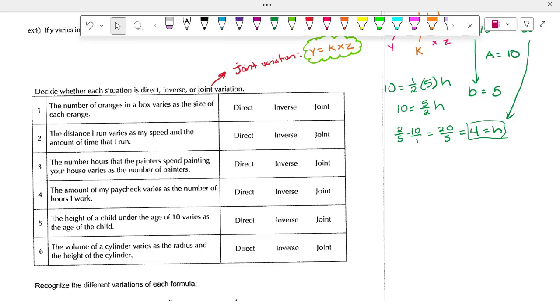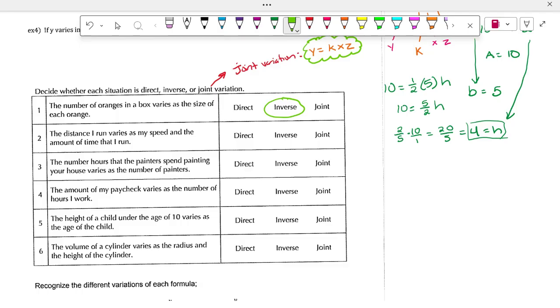Yes. If they're smaller, you can fit more in the box. If they're bigger, you can fit less in the box. So what kind of variation is that? Inverse. Joint is when it's doing it at the same time. Inverse is when it flip flops either way.